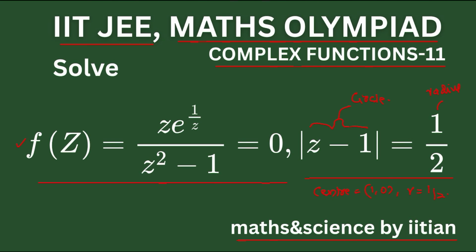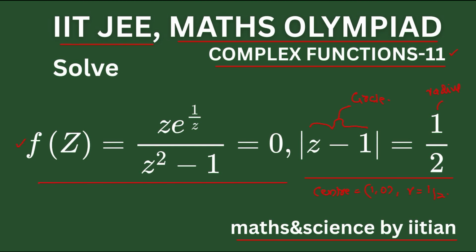Modulus of z minus 1 is equal to half. That denotes center as 1, 0 and radius is equal to half. This is the meaning of it. For a detailed explanation on this type of values, complex numbers, you please refer to my earlier lectures. This is the 11th lecture on the subject.